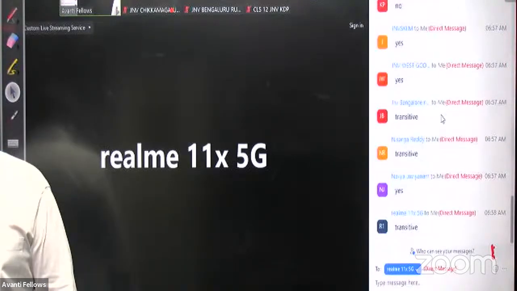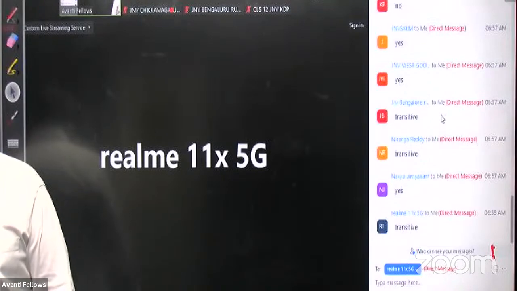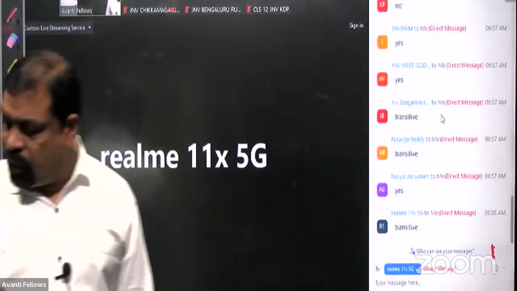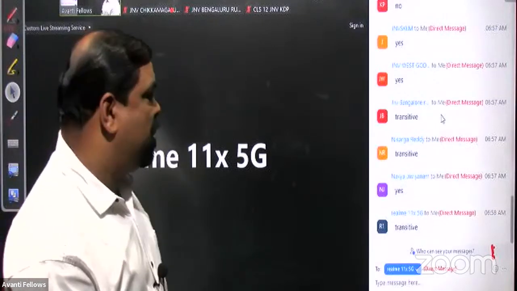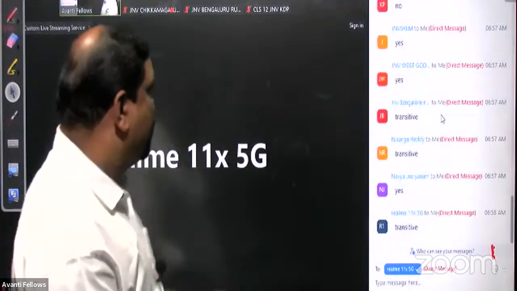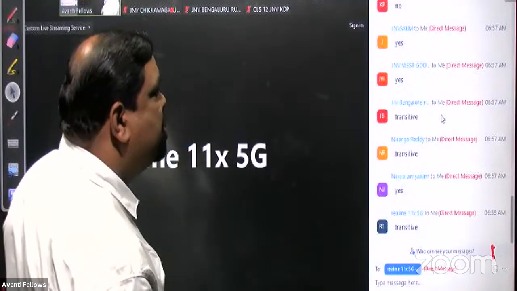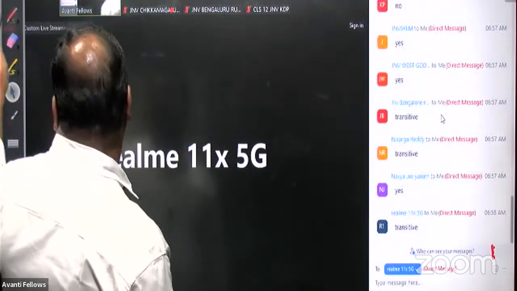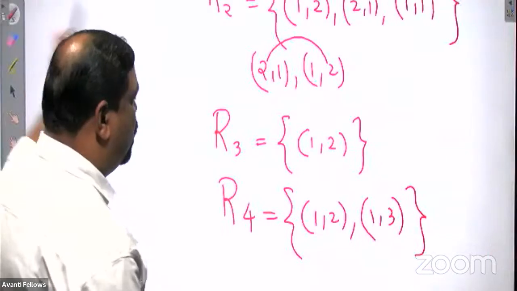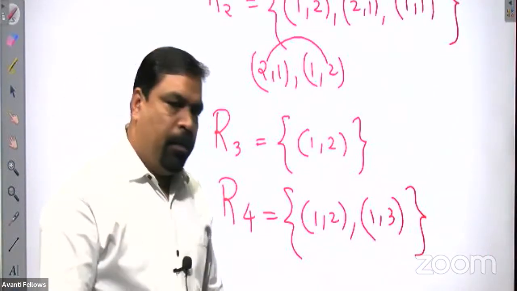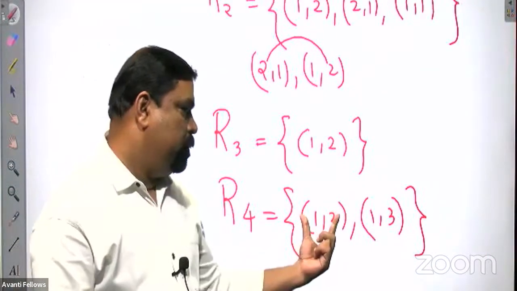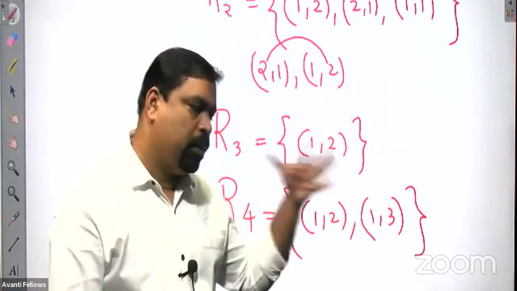Okay. Different responses are coming. I think now most of the students are giving the correct answer. It is transitive. Very good. (1, 2) is there. (1, 3) is there.